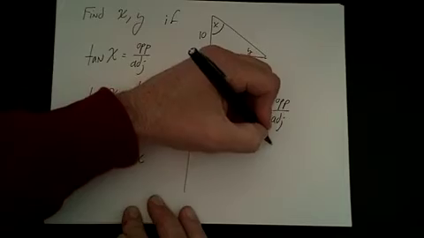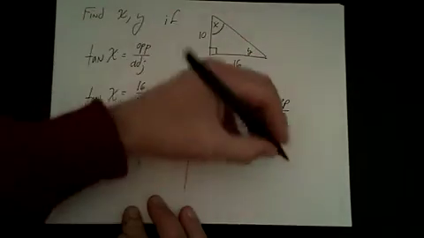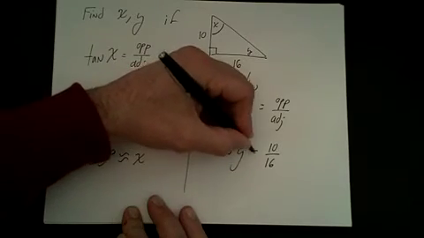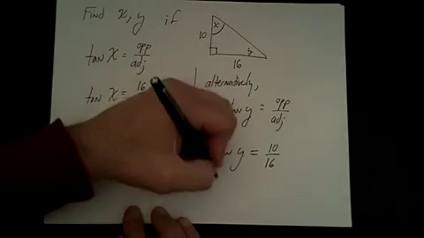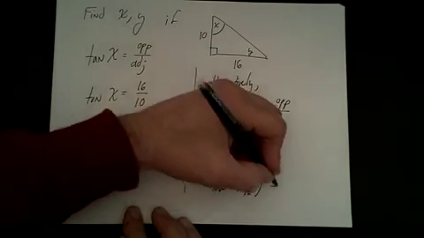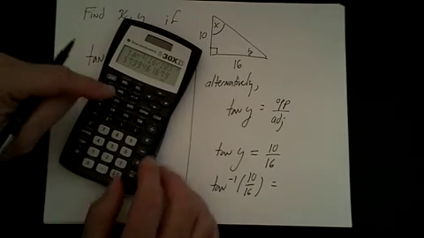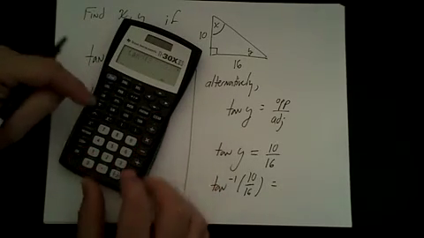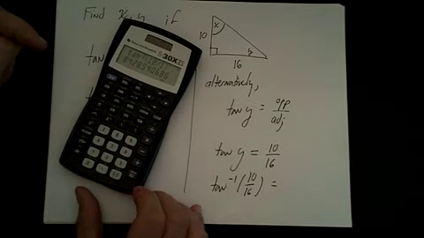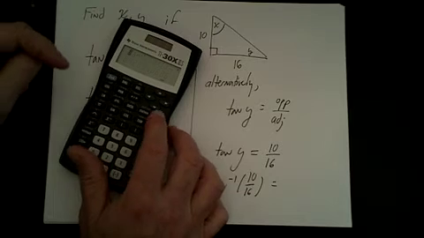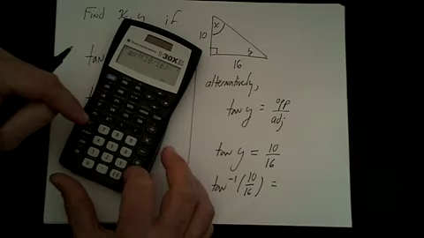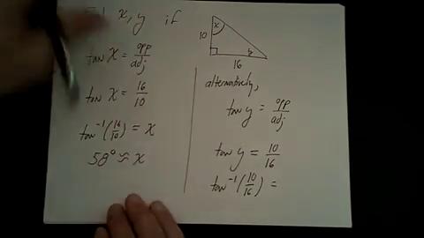The opposite of y is 10, and the adjacent is 16. Then tan inverse of 10 over 16 is going to be about 32 degrees.